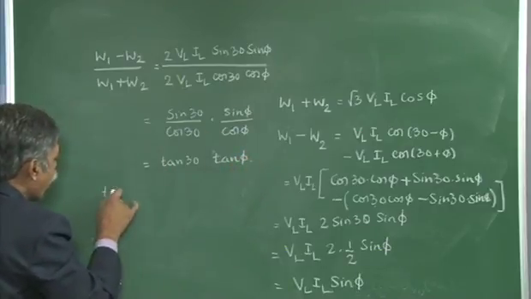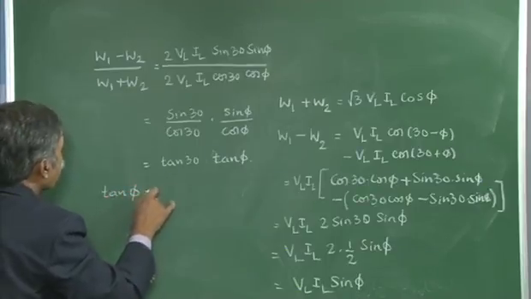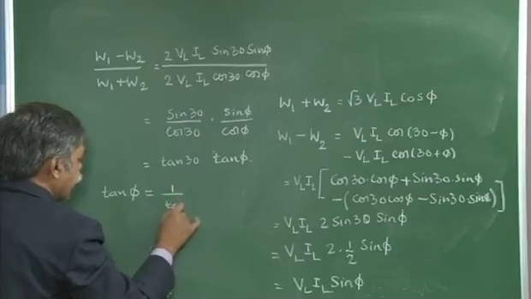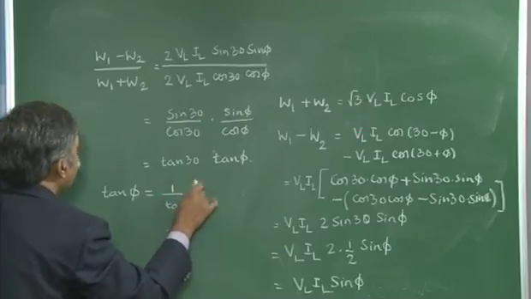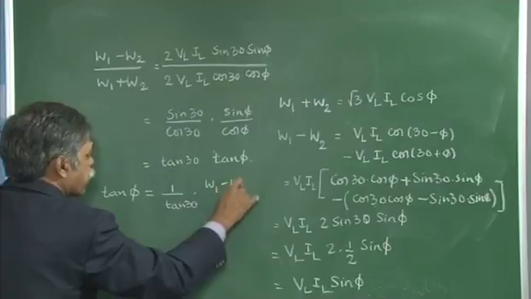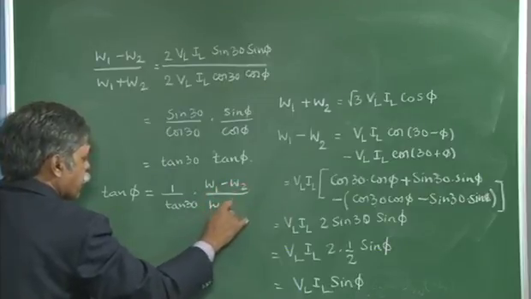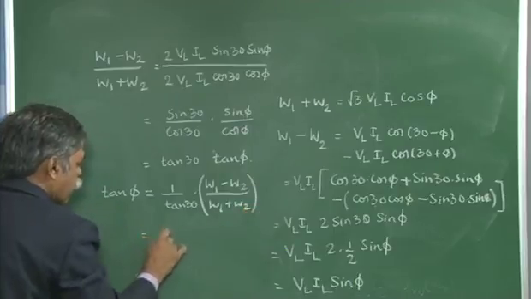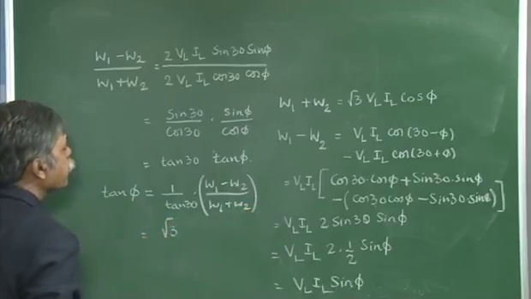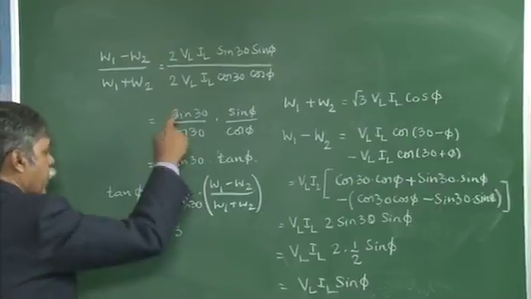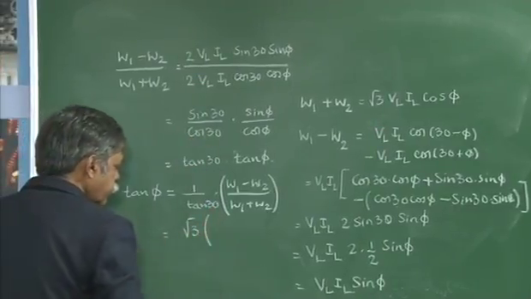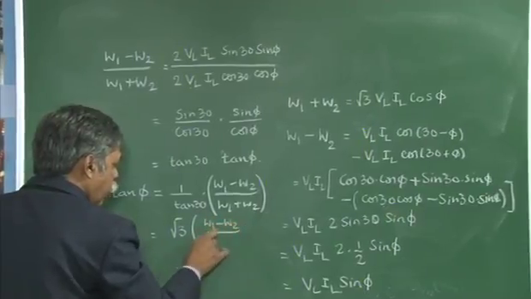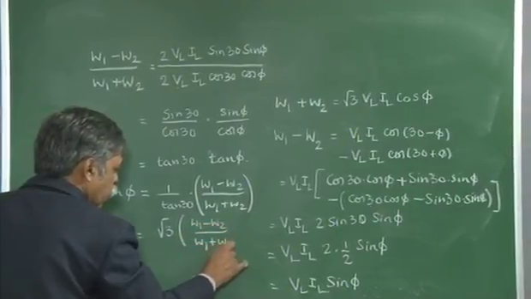Now tan phi will be 1 upon tan 30 multiplied by W1 minus W2 upon W1 plus W2. This is what you get. 1 upon tan 30 has a value of root 3, so I will be getting root 3 times W1 minus W2 upon W1 plus W2.